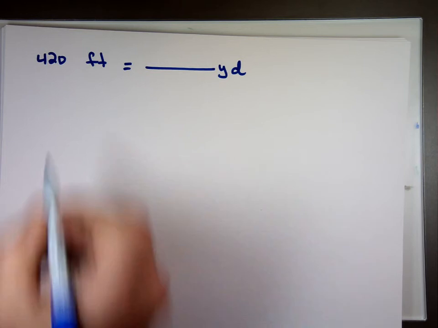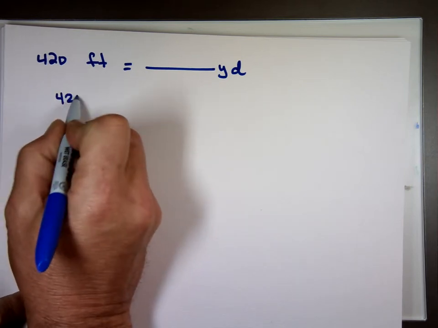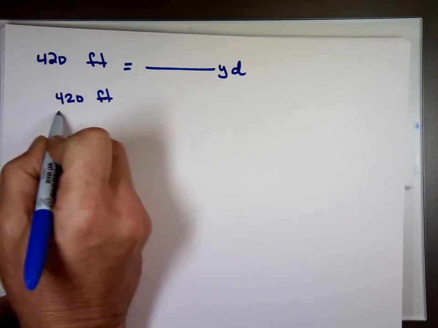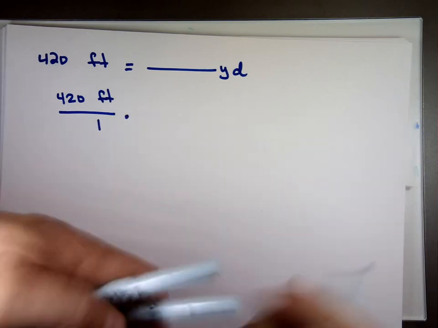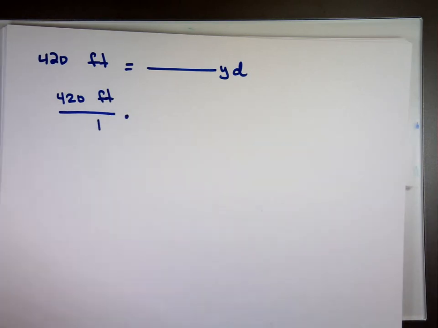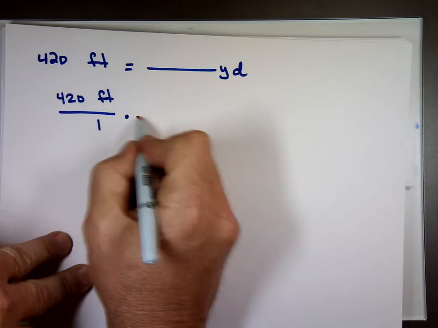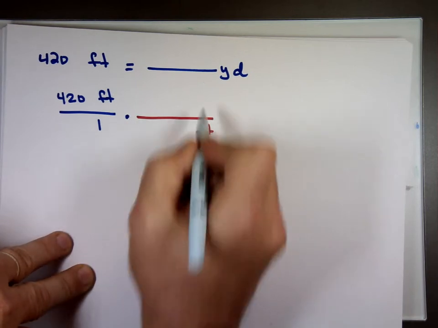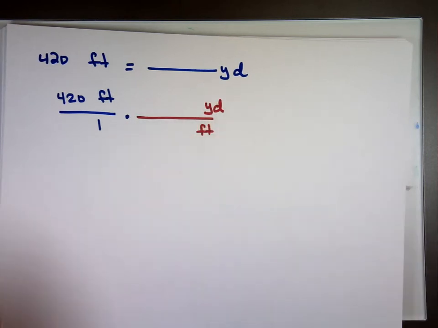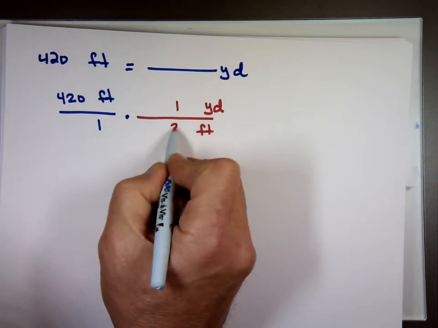Again, make it a fraction. 420 feet over what? Over 1 times. Feet on the top, so I need feet on the bottom, yards on the top. 1 yard has how many feet? 3.